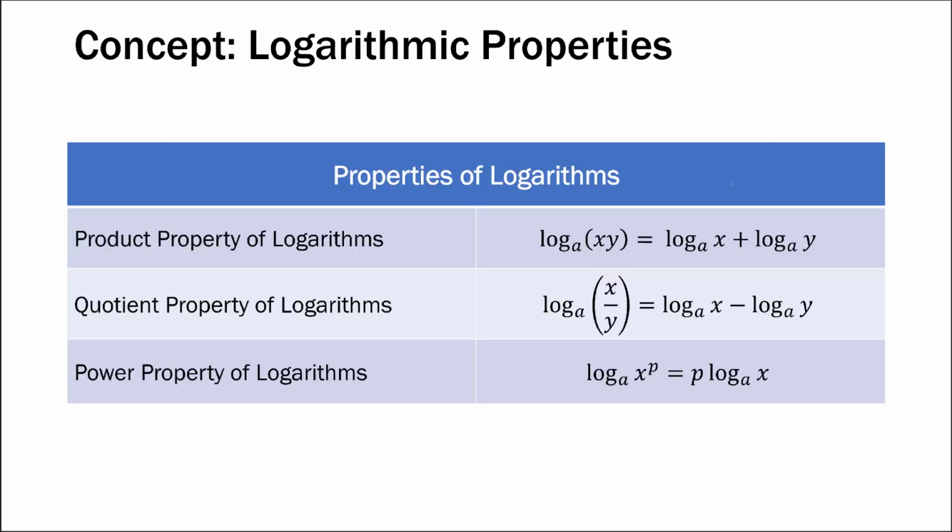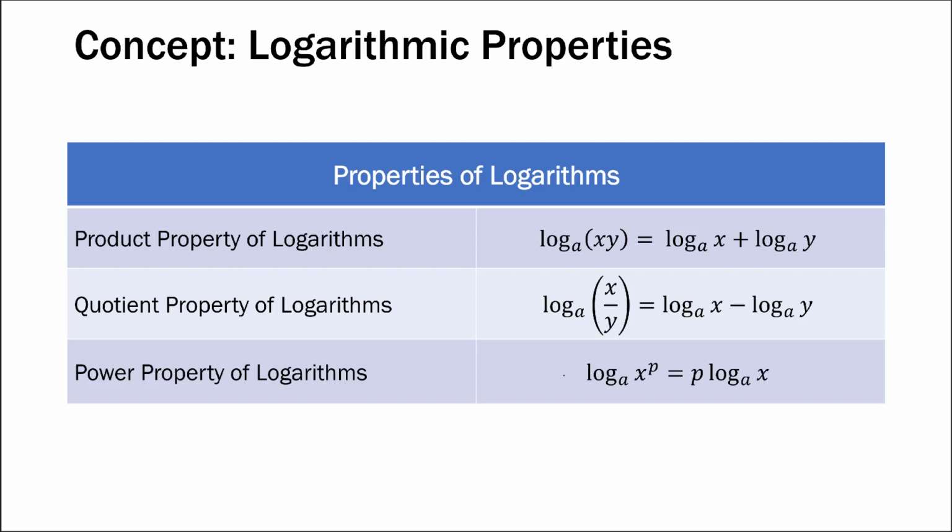So then I'll go ahead and put all the properties up here. So we've got the product property that we went through, the quotient property, and our power property of logarithms. What our power property shows is that if I have log base a of x raised to some power, okay, so a and x are not the same thing in this instance, that's equal to whatever that power is.